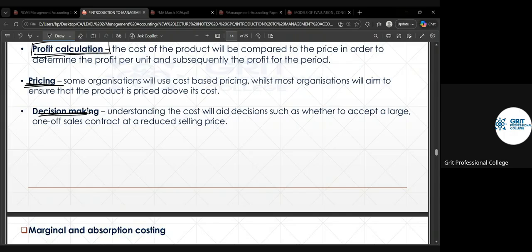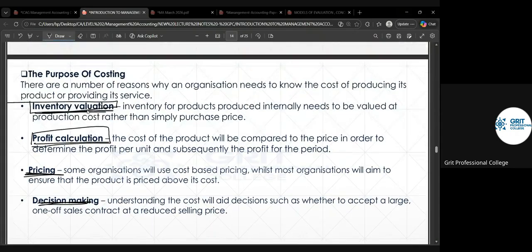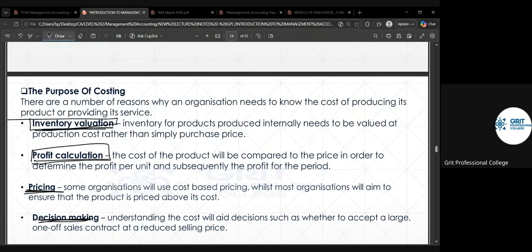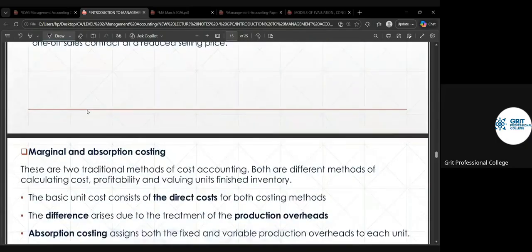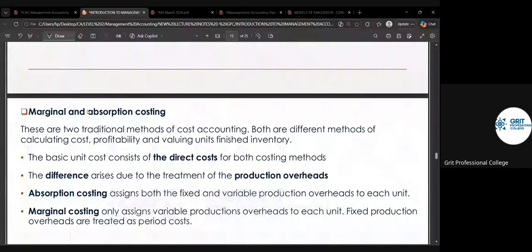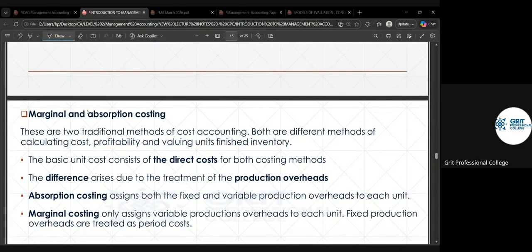I hope that is clear. I will not take it further. We have done a lot. We are just going to end it at the purpose of determining the cost of a product. On Monday, we are going to delve into the traditional costing approaches, which are the marginal and absorption costing approaches.